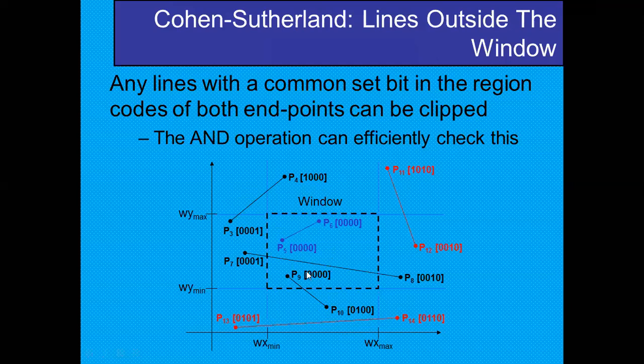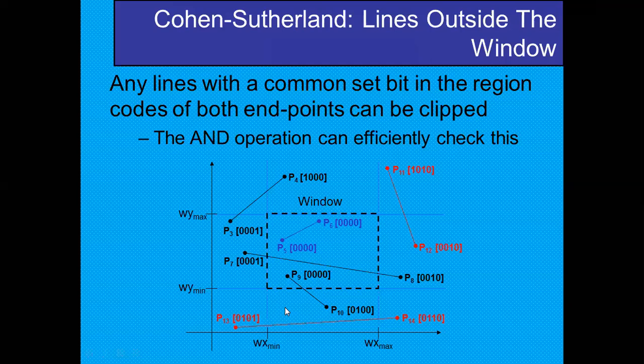Now whenever you do the ANDing operation here, you will get 0 again, because the code for P9 is 0000 and P10 is 0100. So in this case the result will be 0, but the state is undetermined.